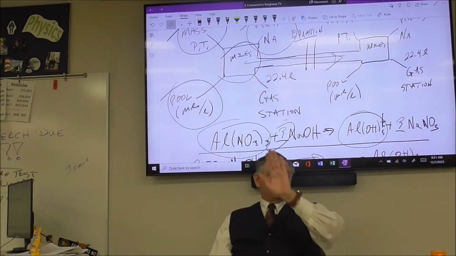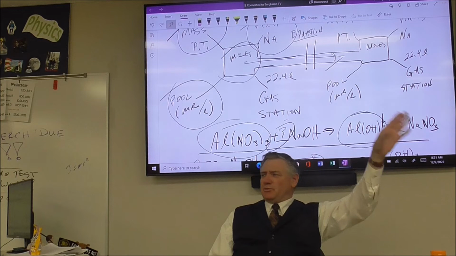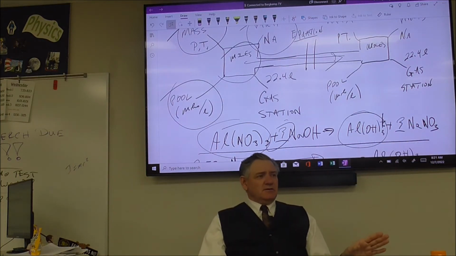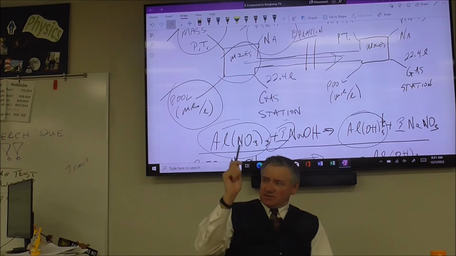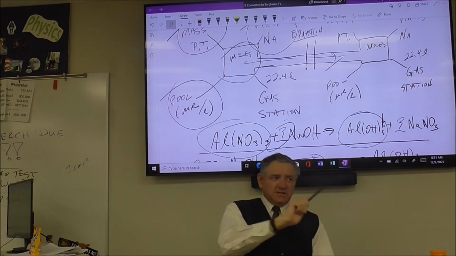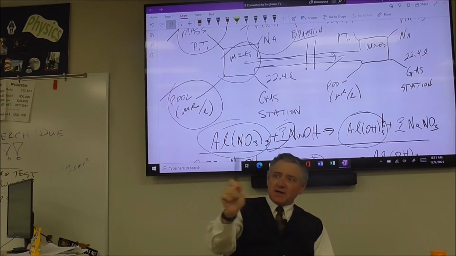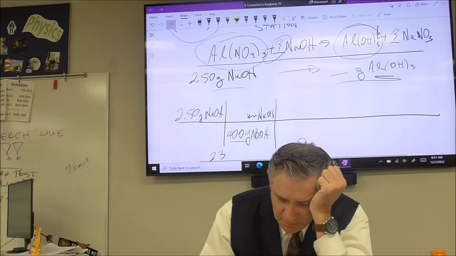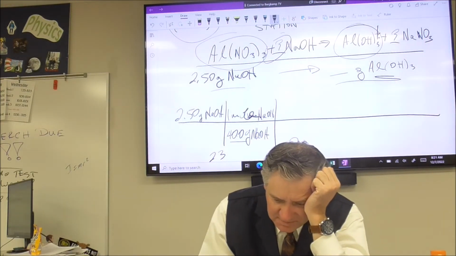That's it. That 3 has nothing to do with that. That could have been a 12. It could have been 500. It wouldn't make any difference. 40 grams is only equivalent to 1 mole. Nothing else. So I'm going to put 1 mole of sodium hydroxide here.